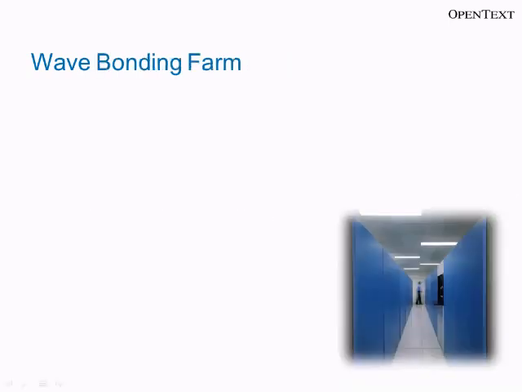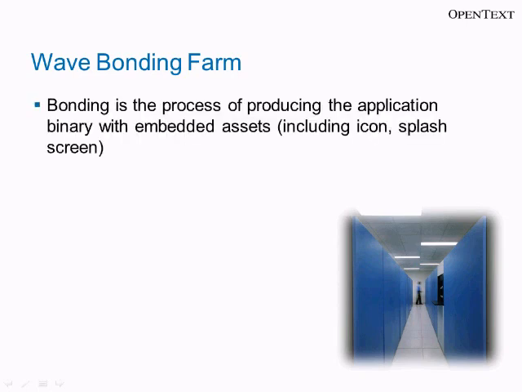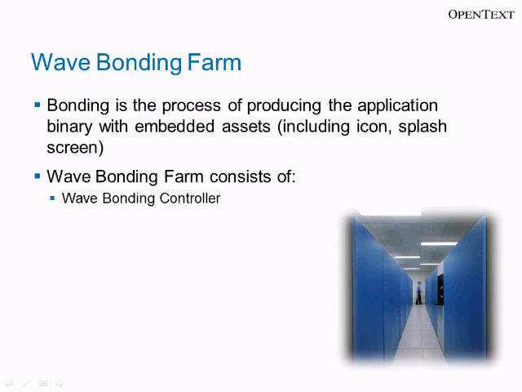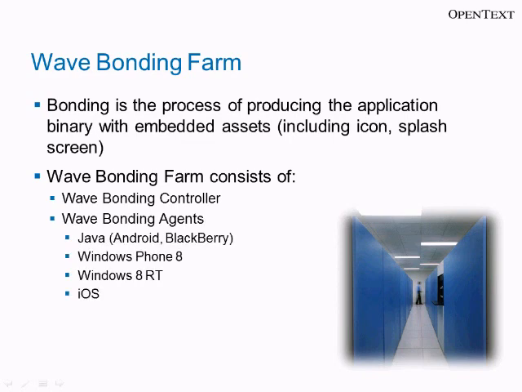Then the next part of Wave 4 is the bonding farm. As you know, bonding is the process of actually creating the application binary with embedded assets. The Wave bonding farm, if you have it on site, consists of a bonding controller that manages the bonding requests, the creation requests, and distributes them to the Wave bonding agents that we support.